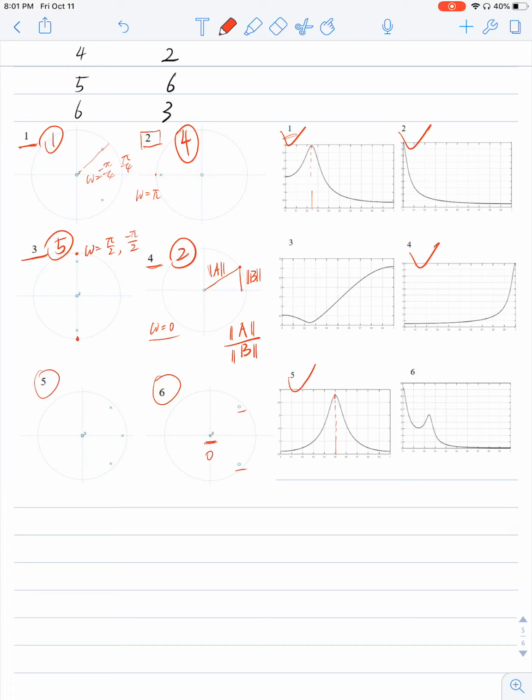So when omega equals these two angles, the magnitude of the frequency response reaches the minimum instead of a maximum. So obviously the corresponding frequency response is 3.